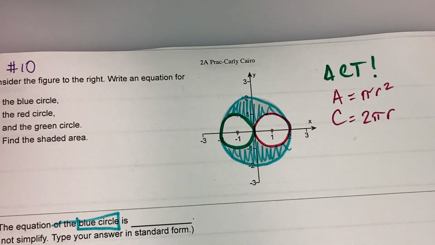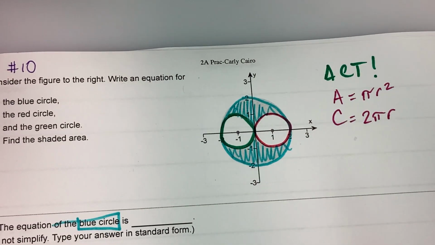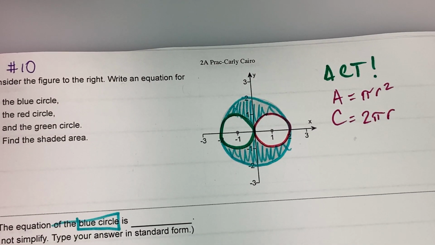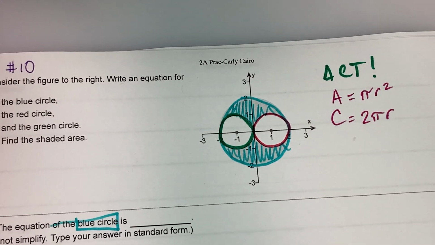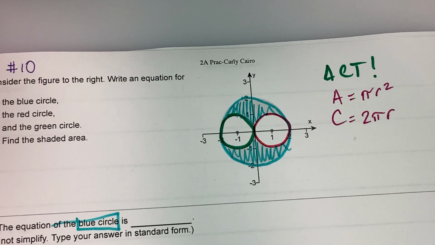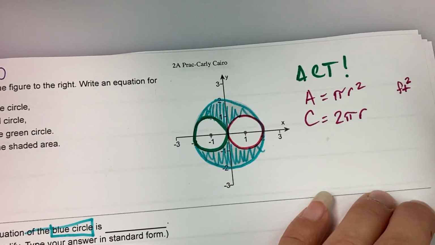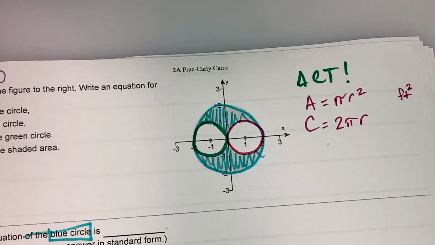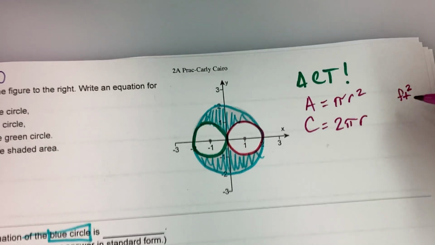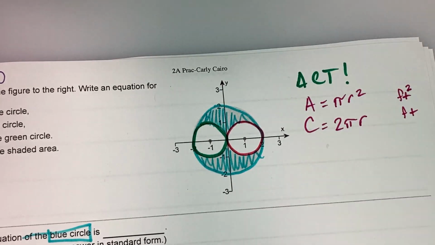Now, I remember being a student and sometimes getting these two formulas mixed up. So if I think about area, like area of a room, that would be feet times feet or feet squared. If I think about circumference, that is the distance around a circle, which the unit would just be feet.